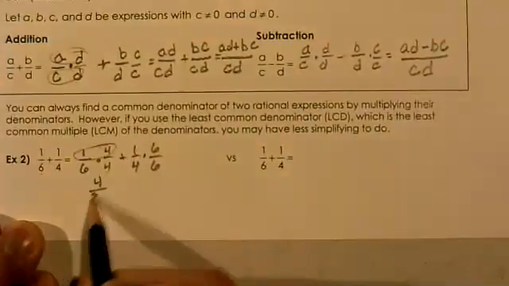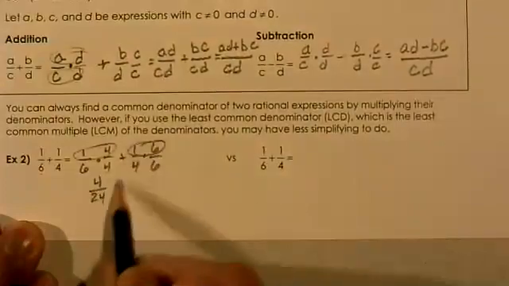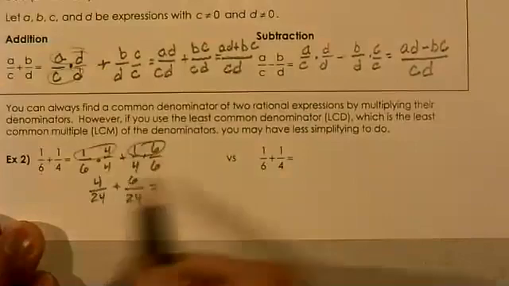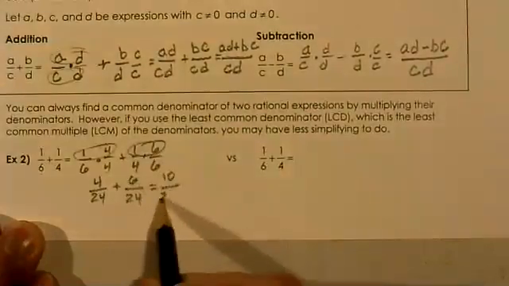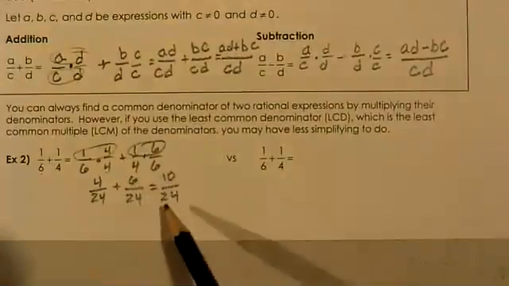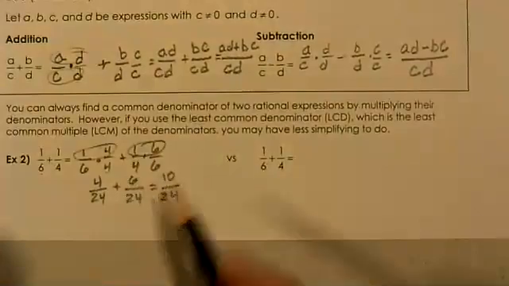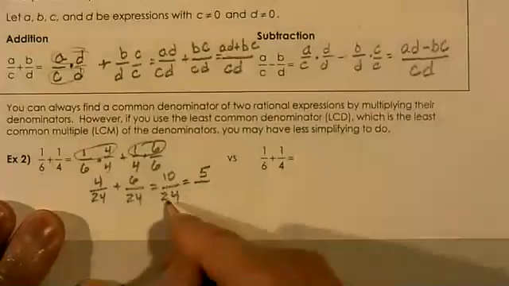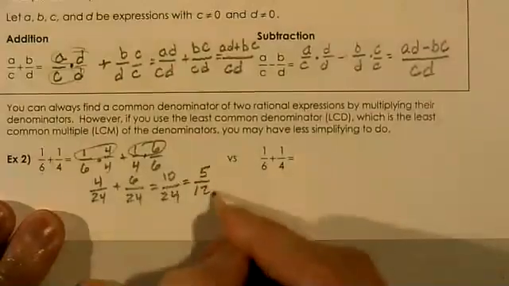That's 4 over 24, and that's 6 over 24. So that's 10 over 24. But because I used numbers that were a little too big, I now have more reducing I have to do at the end. 2 goes into this number 5 times, and 2 goes into this number 12 times.